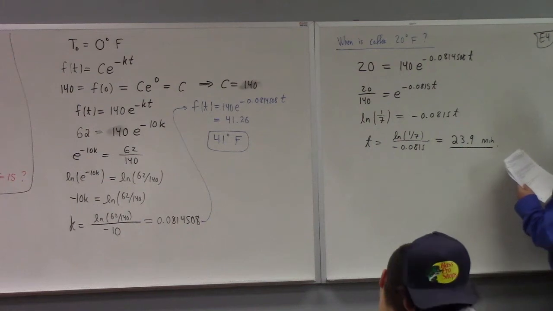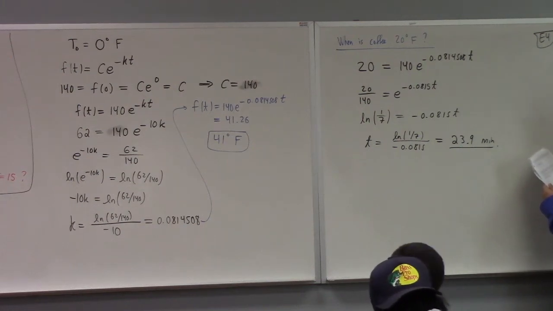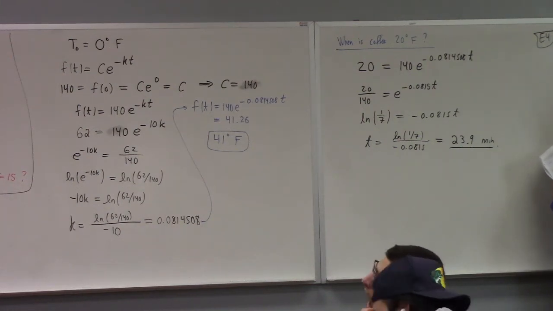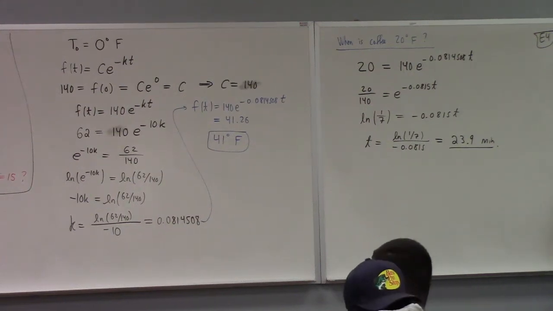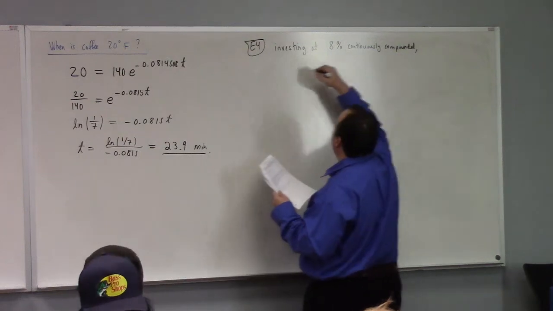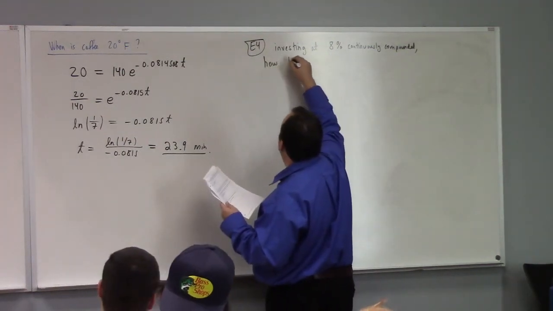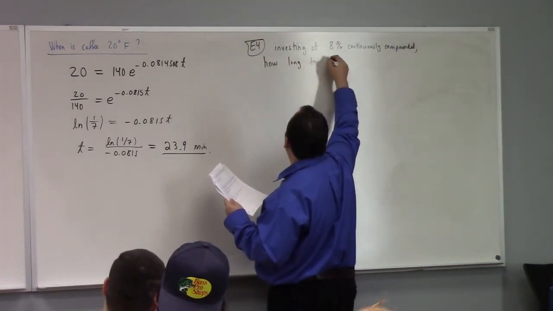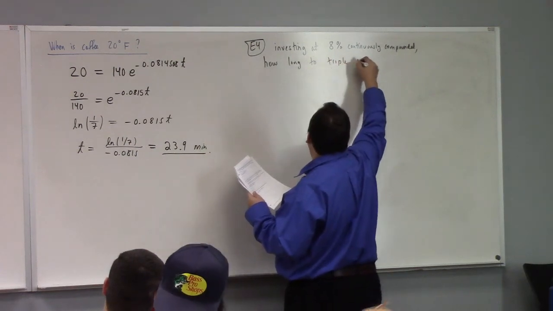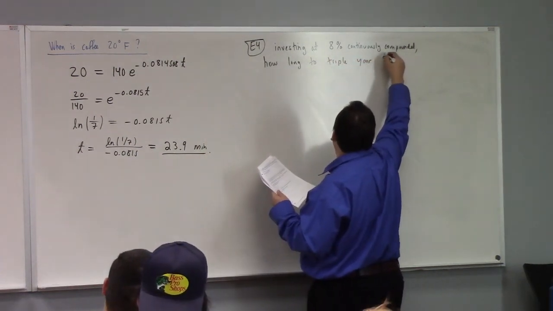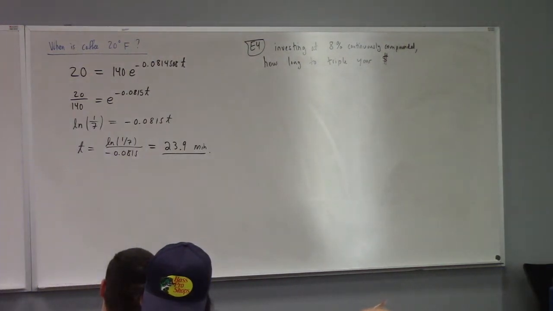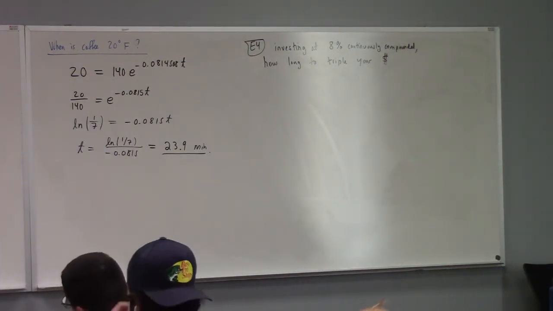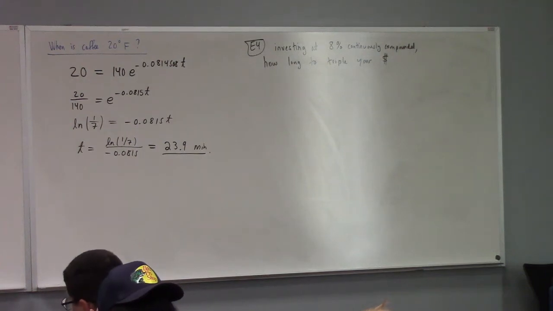Investing at 8% continuously compounded. How long to triple your money? This is essentially number 8 in the week 13 homework.